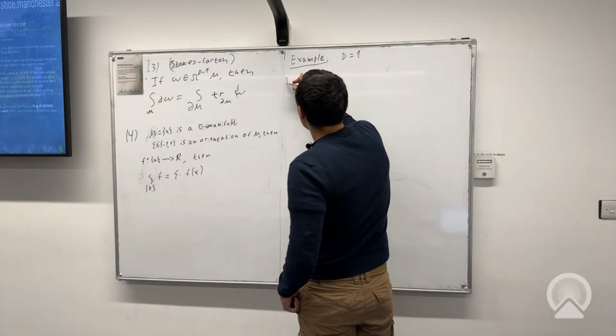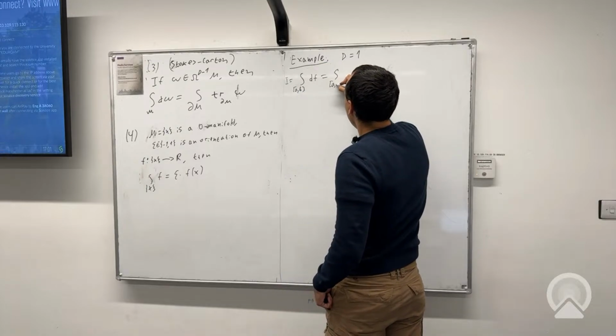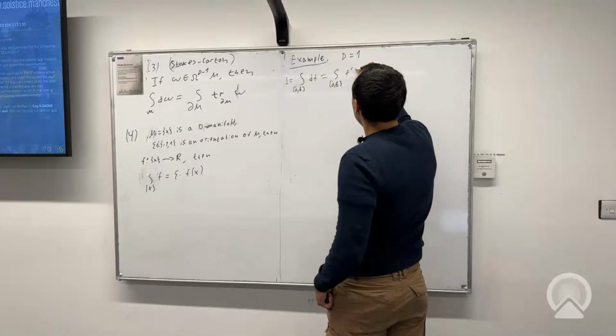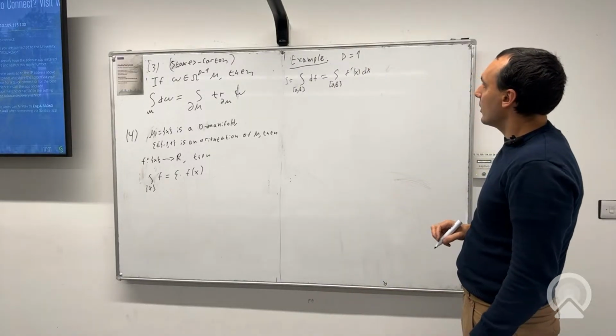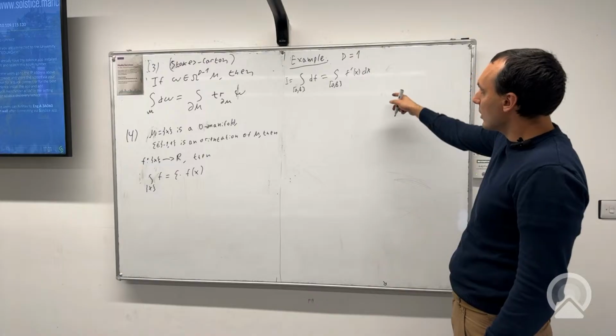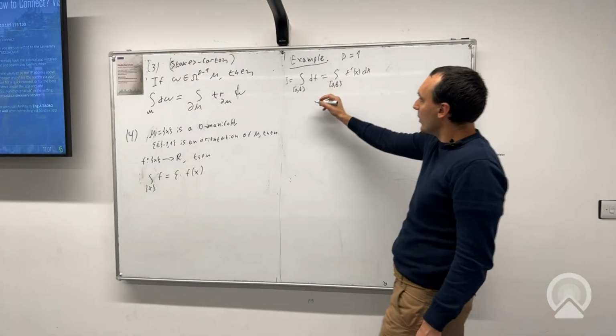Let's call this I, and this is the integral over AB of f prime of x dx. You know this is f of b minus f of a, but let's see why.